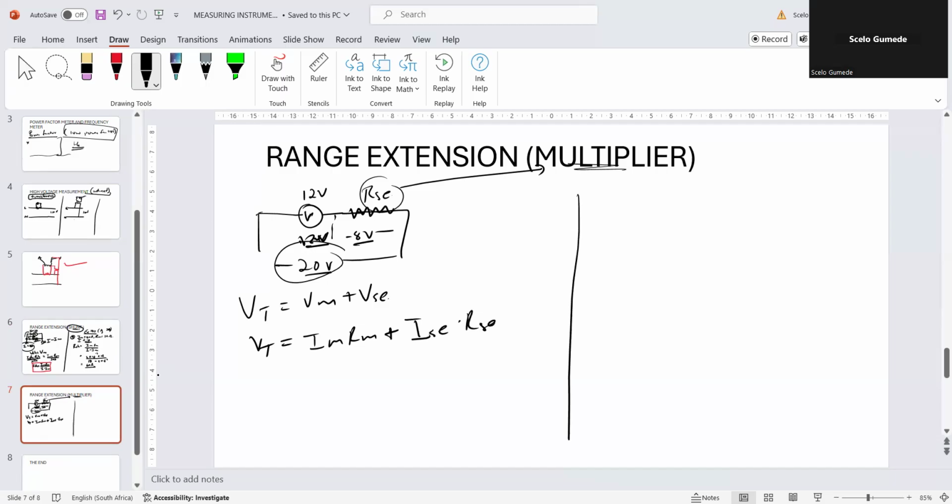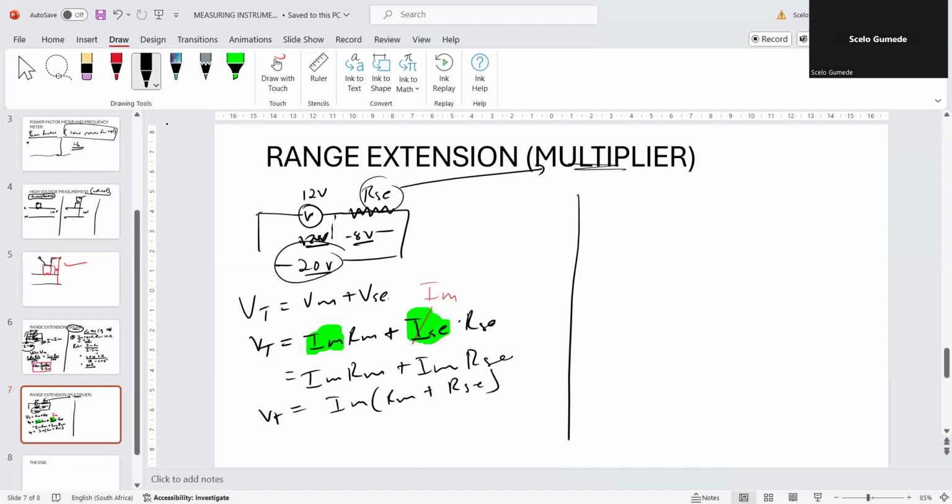Don't forget, these are in series, which means that value there is the same as that value there, because the current is constant, which means we can remove that and put IM, which means IM RM plus IM RSE. Take out the common factor there: IM times RM plus RSE. I have VT.